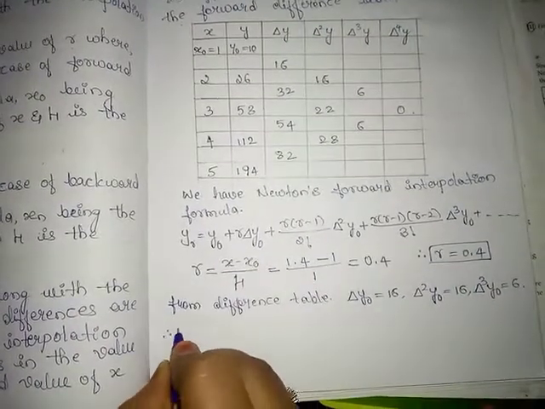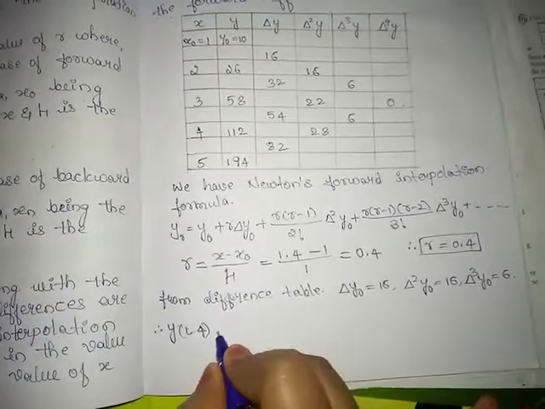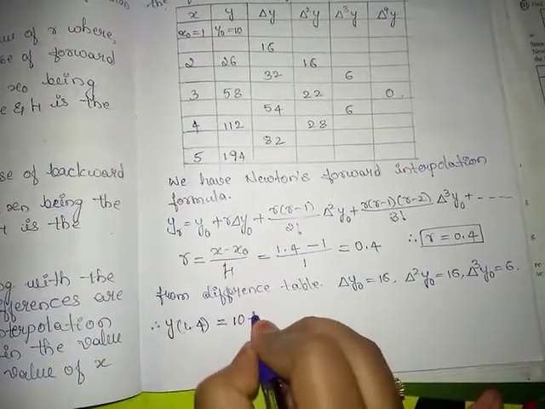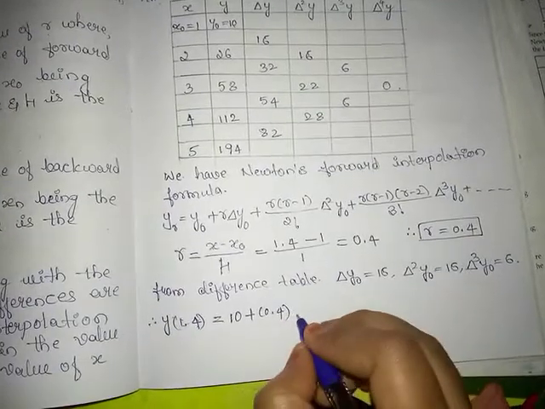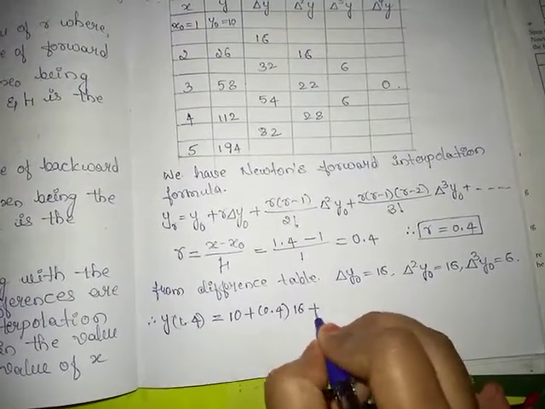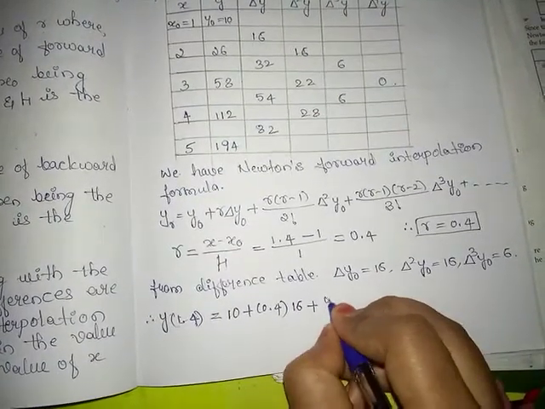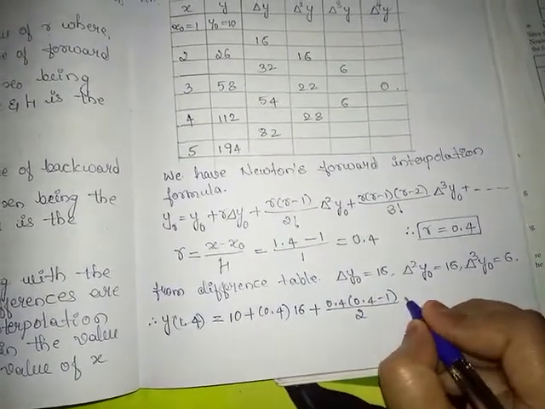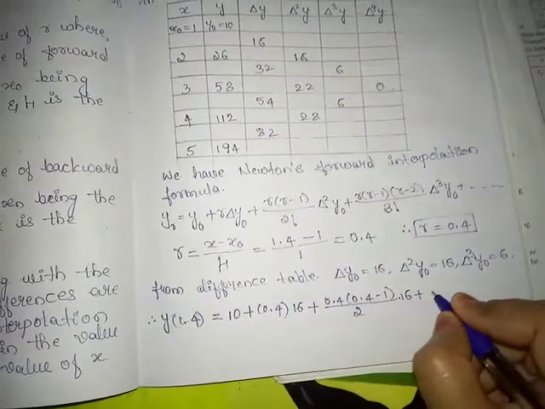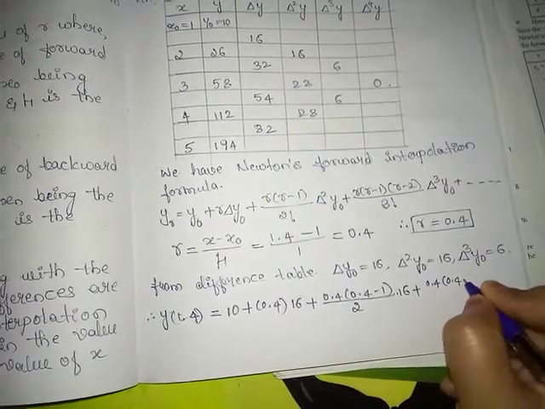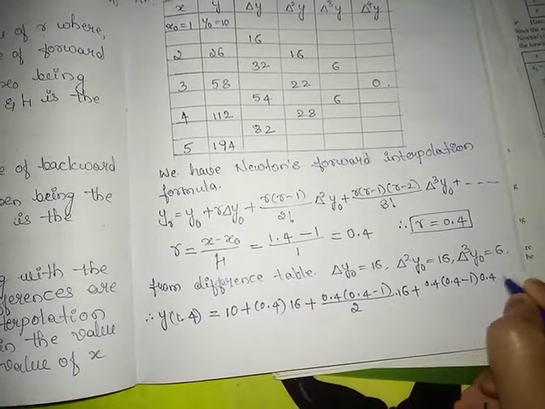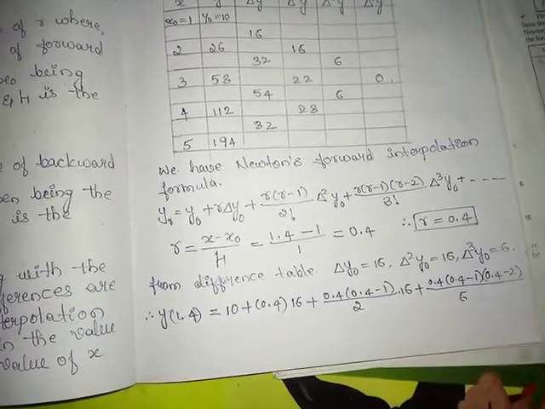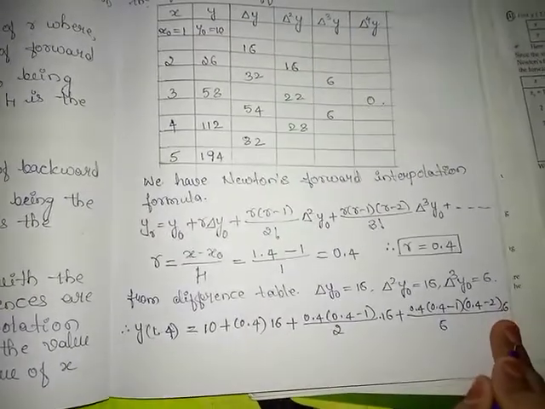Now substitute. y at 1.4 is equal to y0, which is 10, plus 0.4 into delta y0 value 16, plus r value 0.4 into (0.4 minus 1) divided by 2 factorial, which means 2, into delta square y0 value again 16, plus 0.4 into (0.4 minus 1) into (0.4 minus 2) divided by 3 factorial, which means 3 into 2 into 1 is 6, into delta cube y0 value 6.